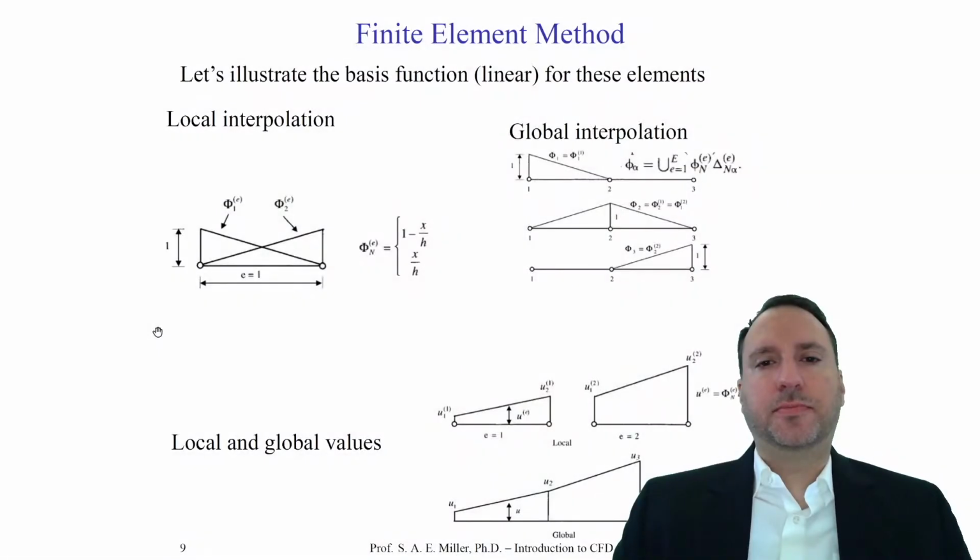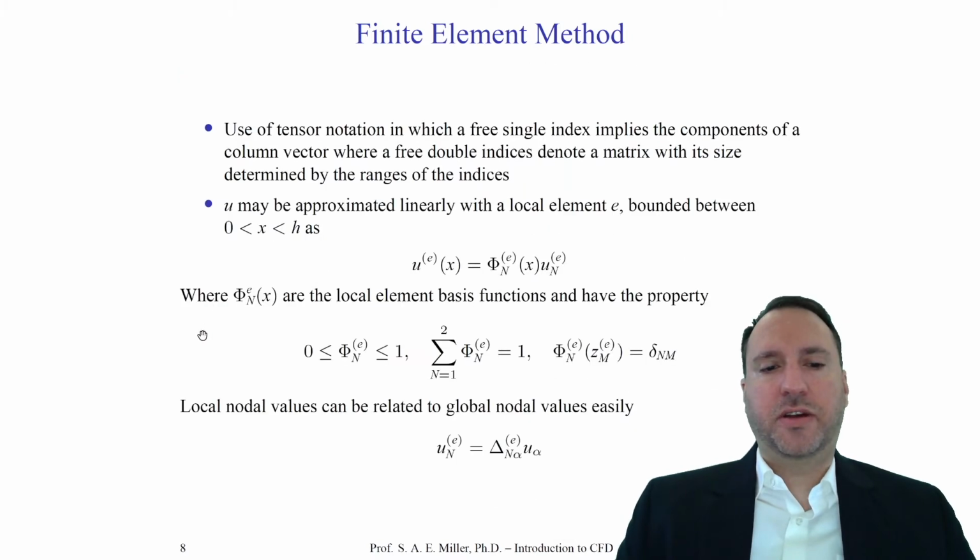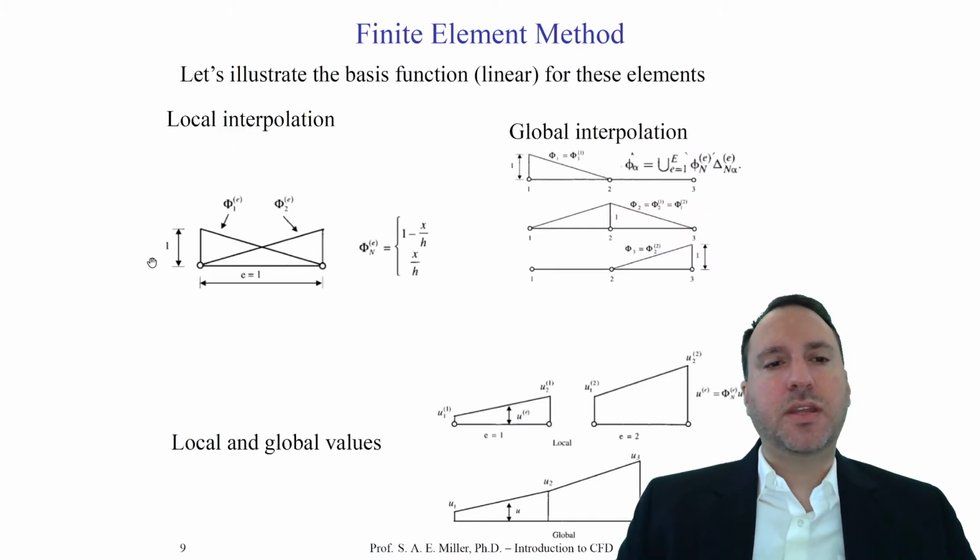Let's do that now. On the upper left, we have a so-called linear interpolation of the basis functions. There are an infinite number of basis functions that hold the properties that we showed in the middle of slide 8. Recall at the boundaries, the summation of the basis function should be 1. So, in a one-dimensional element, for element 1, we could say the most simple basis function would be linear.